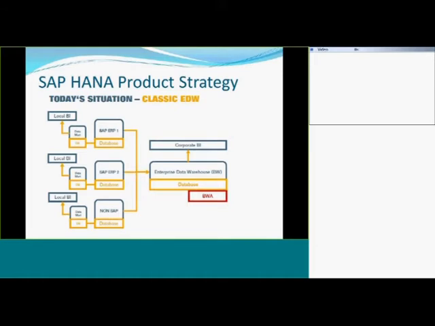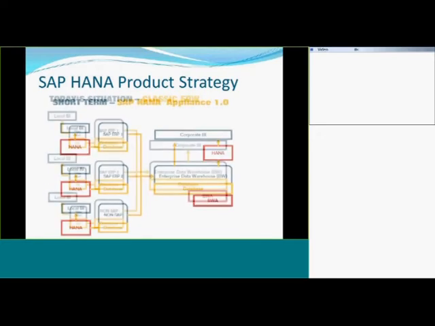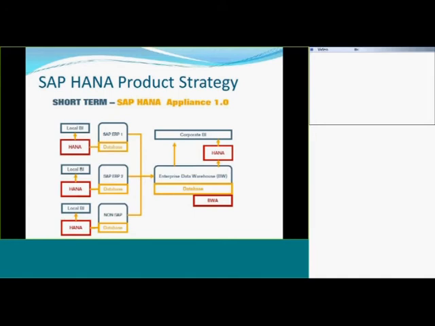Okay. Going forward, what SAP suggested short-term is that the databases which were supporting all the different ERP applications and non-SAP applications, whatever database, it could be MySQL or Oracle 10G or 11G, be converted into HANA database.